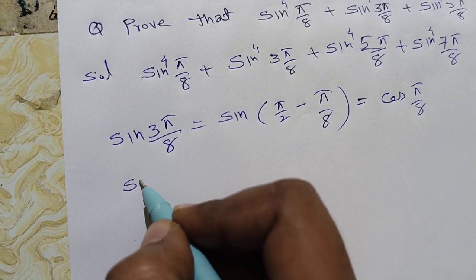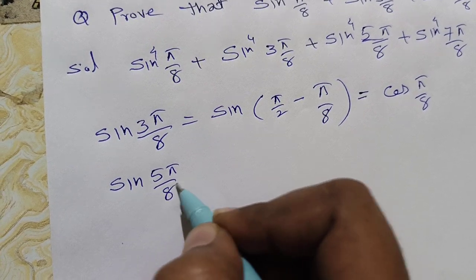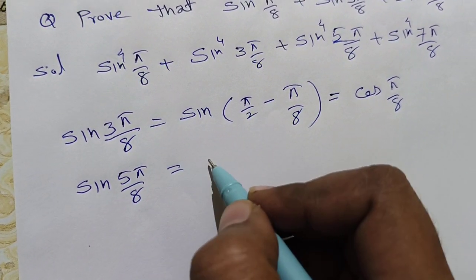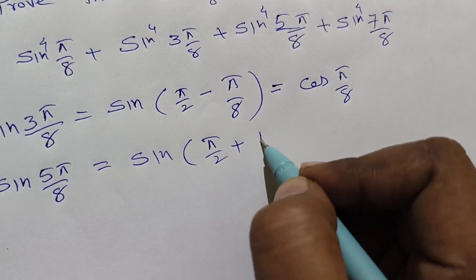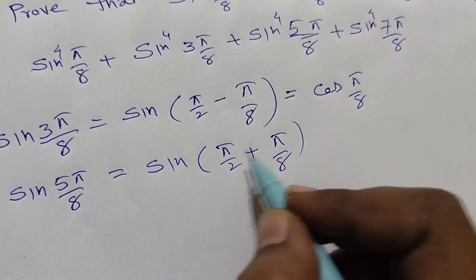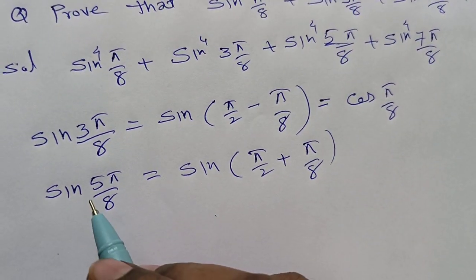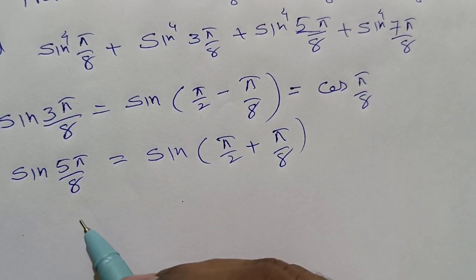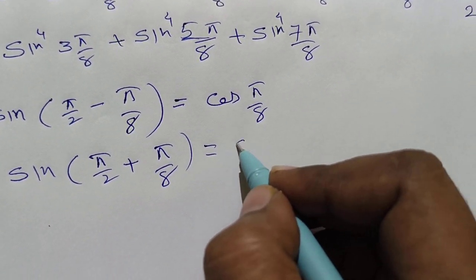Similarly, sin(5π/8). We have this formula: sin(π/2 + π/8). When we take the LCM, it is 4π plus π, which is 5π. So sin(5π/8); sin(90° + θ) is also cos θ.